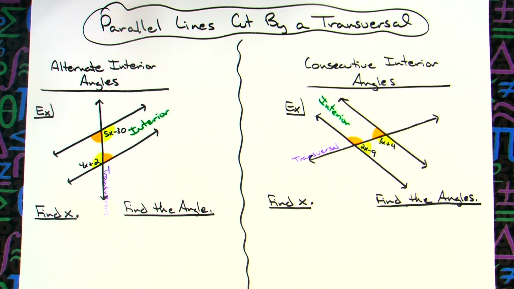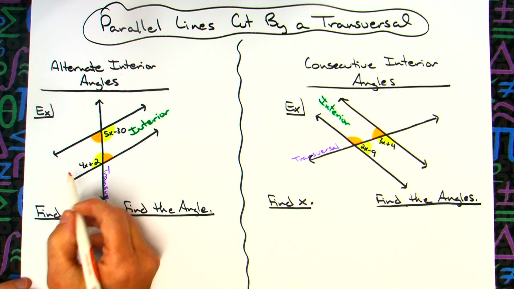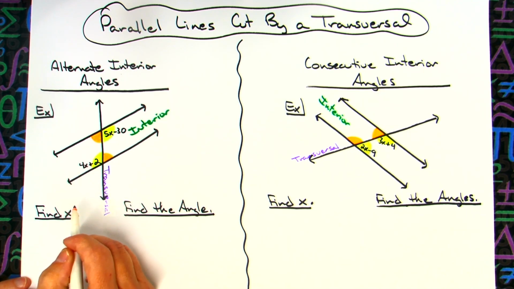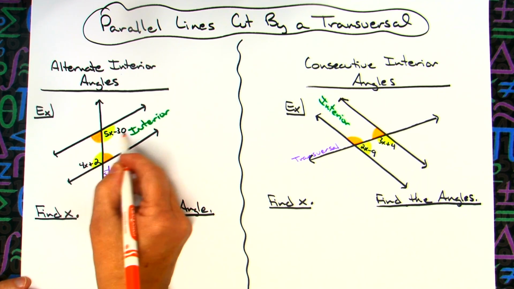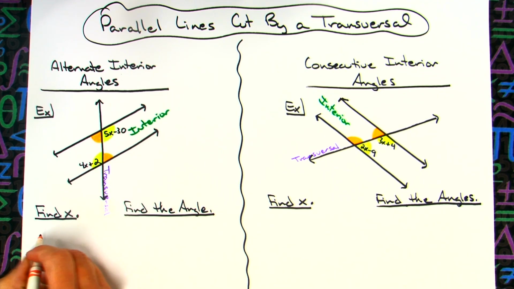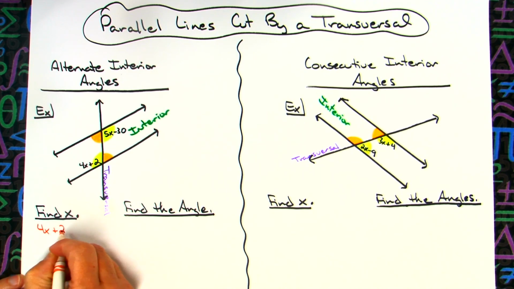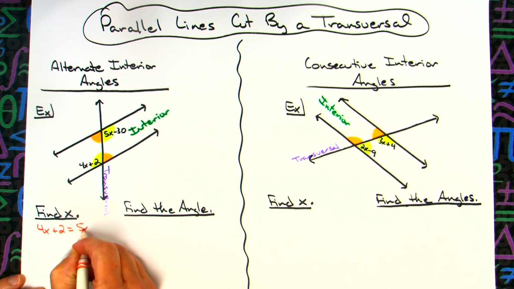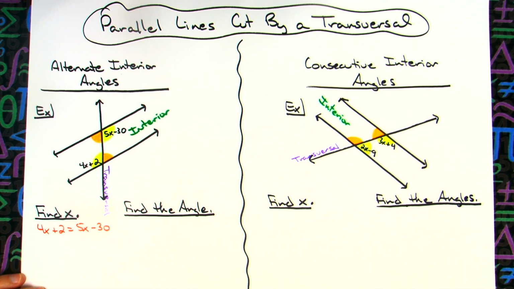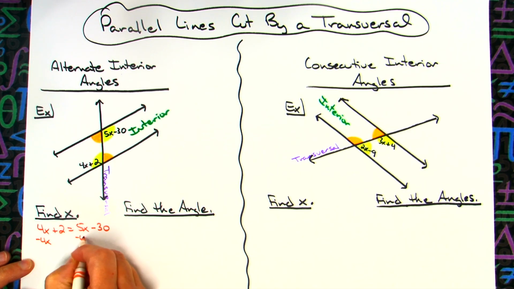So if I wanted to find what the value of x is, all I would need to do is set these two expressions equal to each other and then solve for x. So we'd have 4x plus 2 is equal to 5x minus 30. And then that's just solving an equation. Let's go ahead and subtract 4x from both sides of the equation.